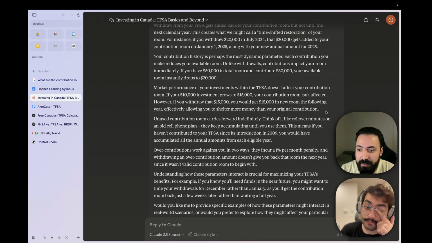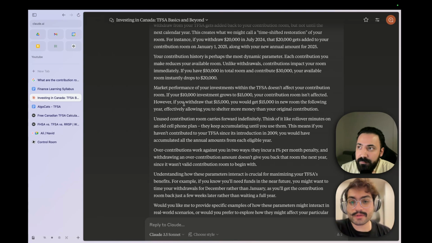As long as you didn't withdraw money, that means your contribution room won't be affected. Okay. So this was one of our other questions. We'll get to it. I think I might have the answer, but again, we will check it later.